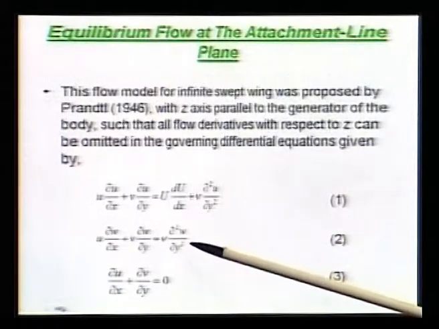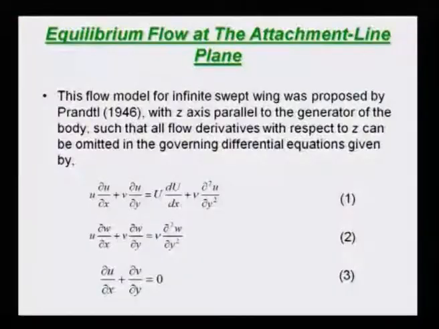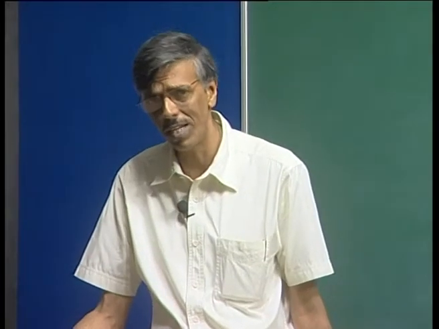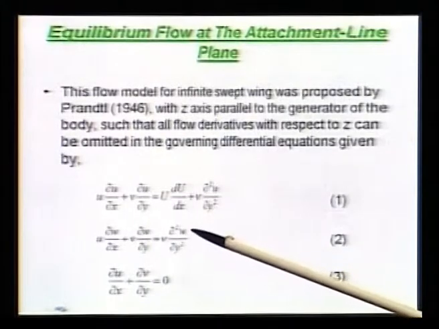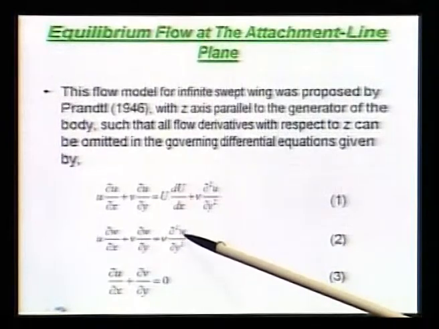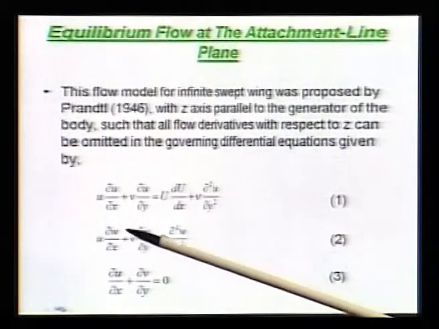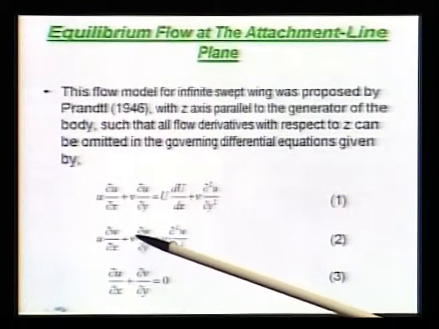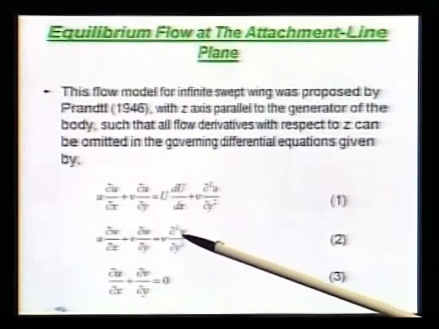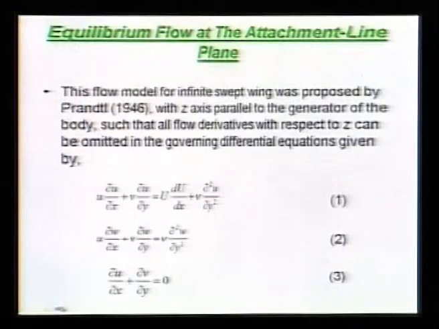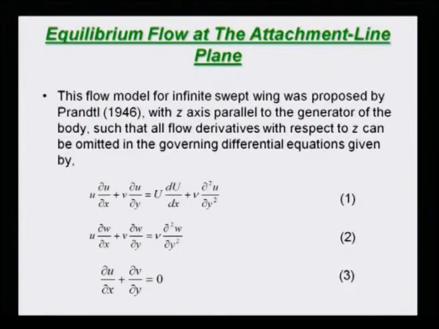You do not have to do anything about the y momentum equation from the boundary layer equation, we know that. And look at now the spanwise component, the z component. So, you have u del w del x plus v del w del y equal to nu times the wall normal diffusion of w, right.